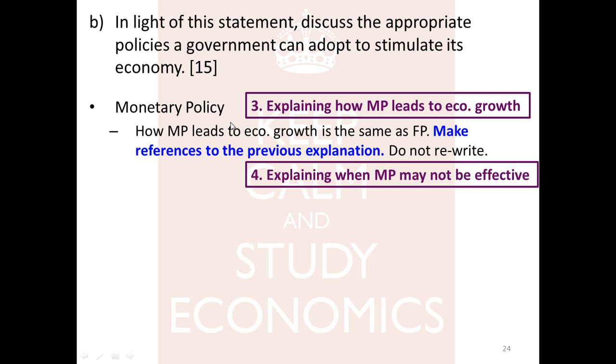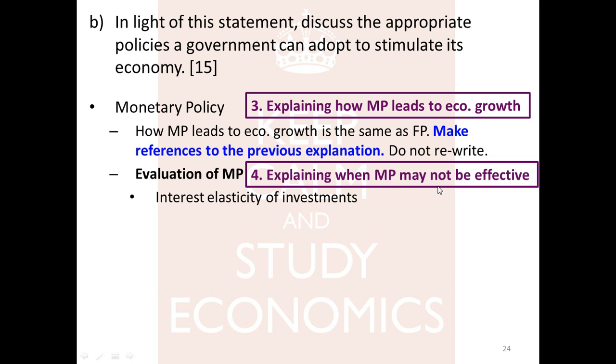Okay, so the explanation here is the same as the previous explanation of how fiscal policy leads to economic growth, so you don't need to write the same thing again, just make references back to the previous explanation. Okay. Finally, the last step, you explain when is monetary policy not effective. Okay, so this is your evaluation of monetary policy.